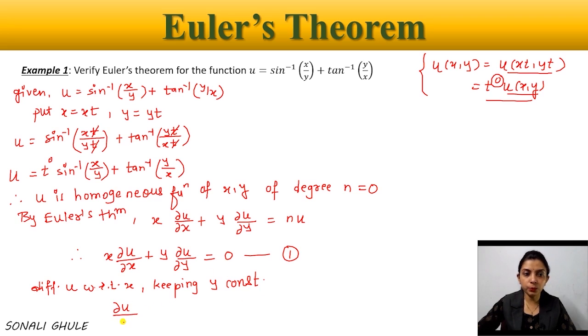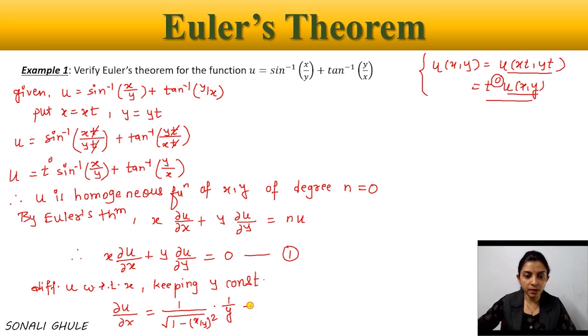So here dou u by dou x is equal to the derivative of sin inverse x upon y. What is the derivative of sin inverse? Yes, it is 1 upon under root 1 minus x upon y whole square into the derivative of x upon y with respect to x, keeping y constant. It is 1 upon y.